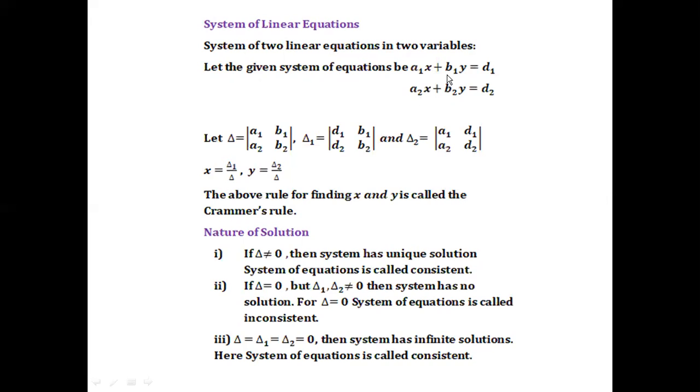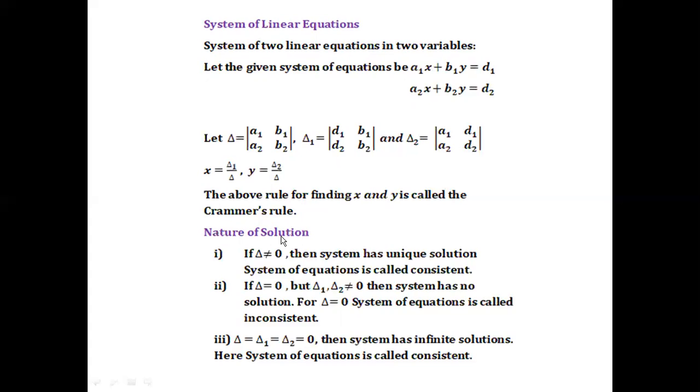The values of the unknowns are obtained by the formula x = delta 1 upon delta, y = delta 2 upon delta. This rule for finding x and y is called Cramer's rule.